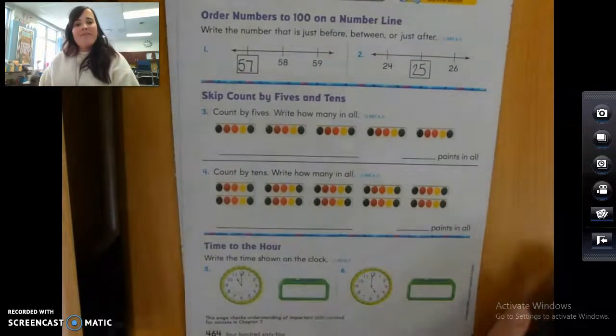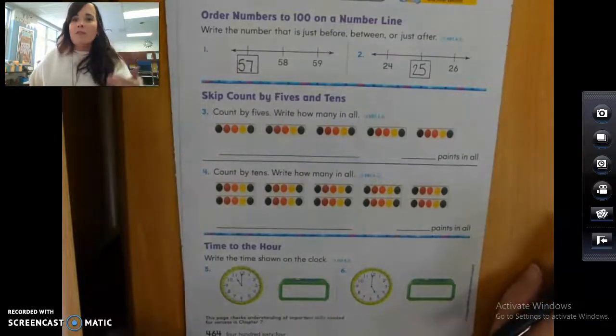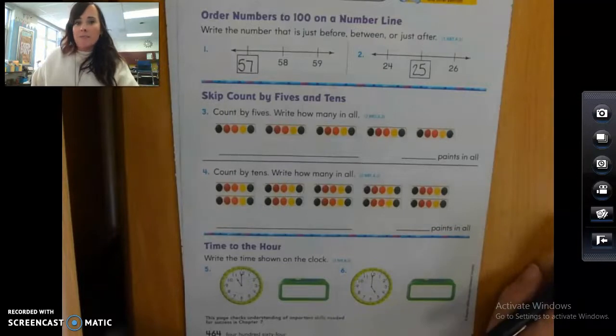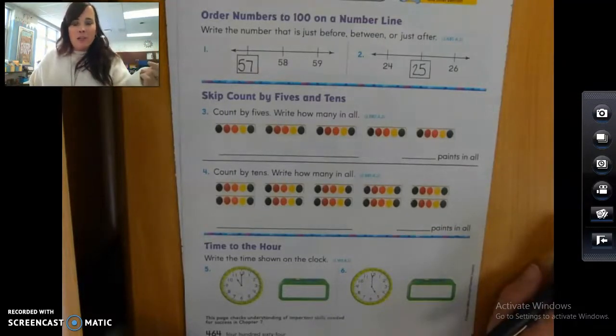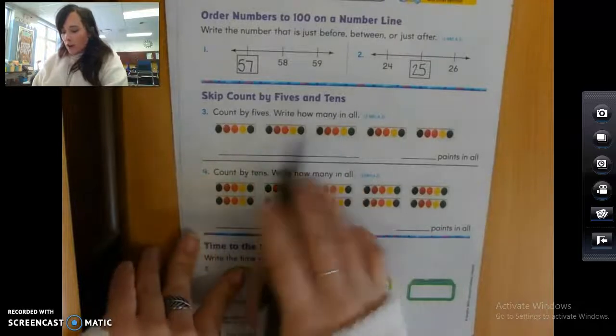All right, so we're going to count by fives, write how many in all. Like I said, it would be a really good time for you to practice at home counting by fives and counting by tens, just so we're better at it, right? We want to be pretty good at counting, and it will help us with our money and our time. So let's count by fives, write how many in all. So here we go.